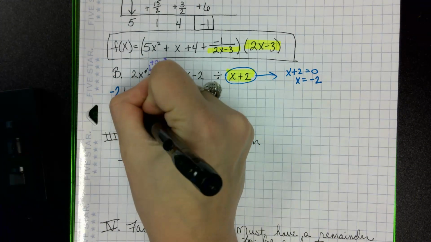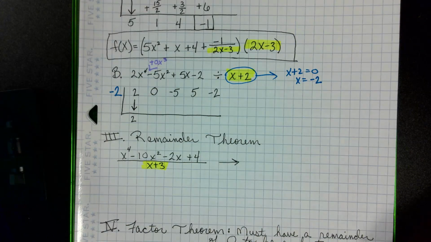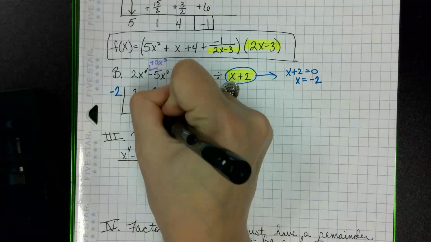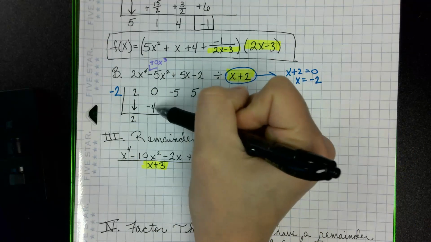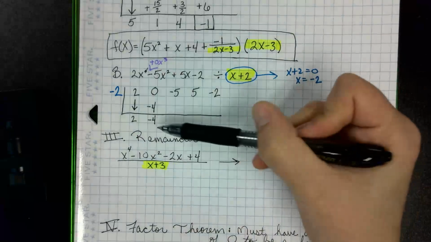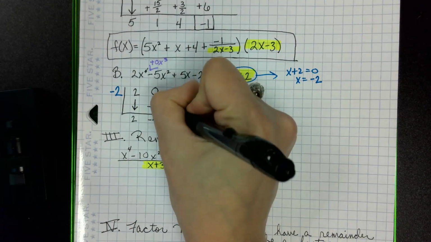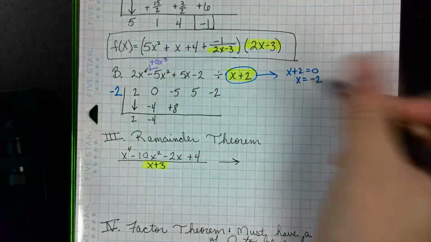Bring down the 2. 2 times negative 2, that's negative 4. 0 minus 4 is negative 4. Negative 4 times negative 2, positive 8. Then add.